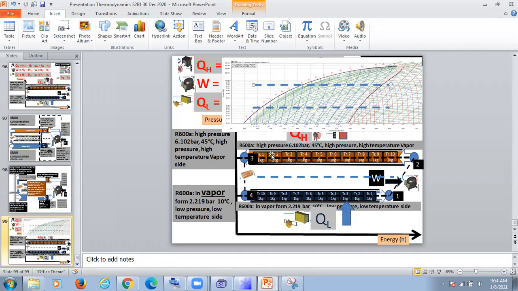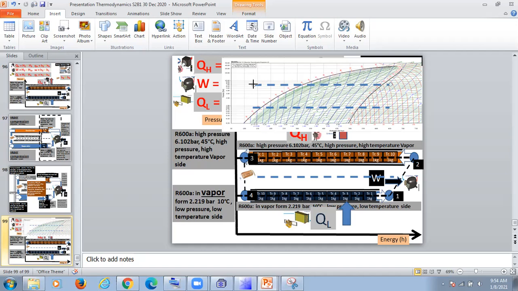It's the same. And for flashing, I have mentioned to you that what enters the metering device should be in liquid form. So this is the liquid line presenting.